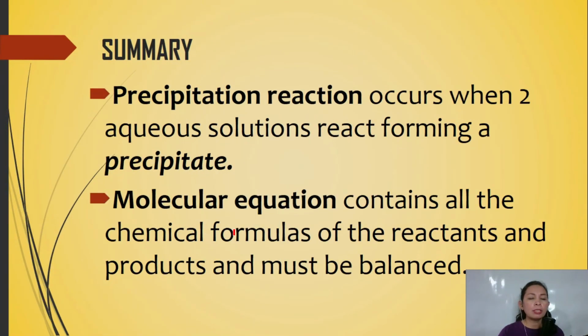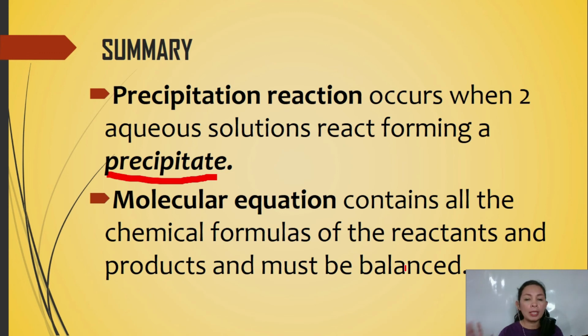Okay, and to summarize our learnings, a precipitation reaction occurs when two aqueous solutions react forming a precipitate. Take note, there is a formation of an insoluble substance which is called the precipitate. A molecular equation contains all the chemical formulas of the reactants and products and must always be balanced.